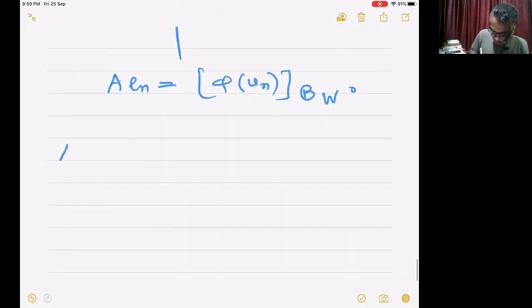So the matrix A would then be, let me write it. Make phi act on the first basis vector in the ordered basis BV.